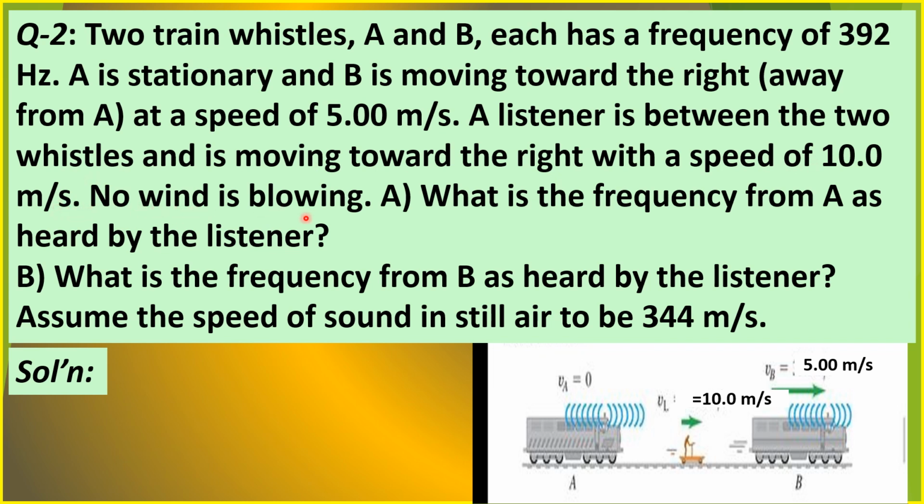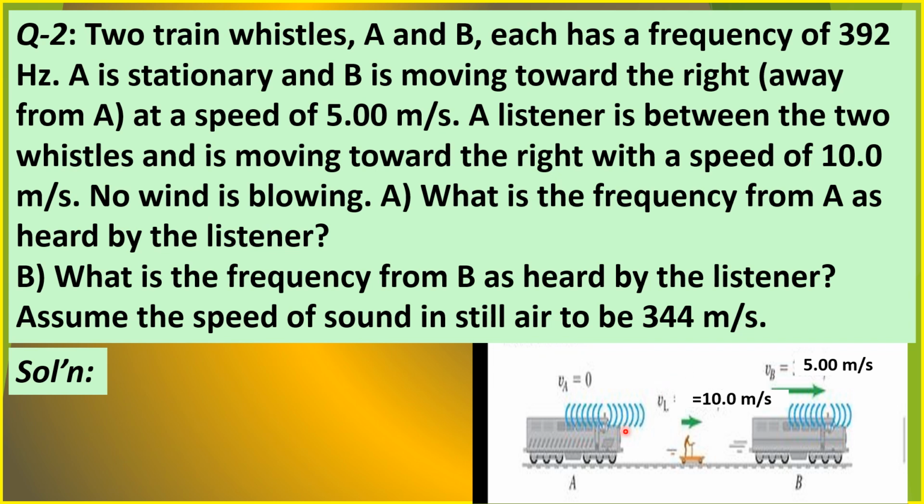No wind is blowing. Question letter A. What is the frequency from A as heard by the listener? Question letter B. What is the frequency from B as heard by the listener? Assume that the speed of sound in still air is 344 meters per second.